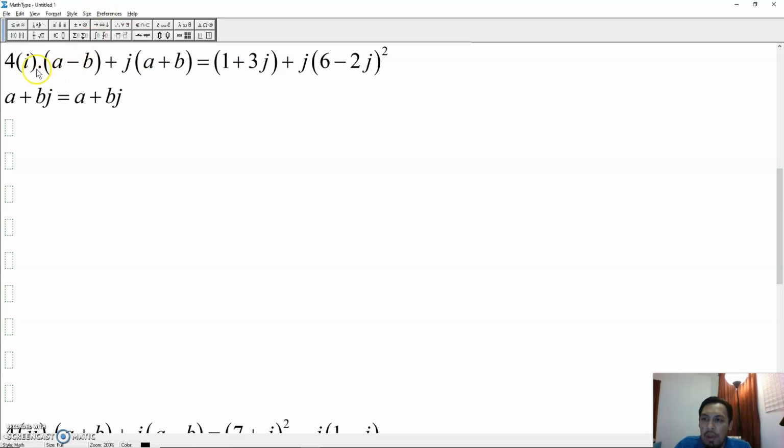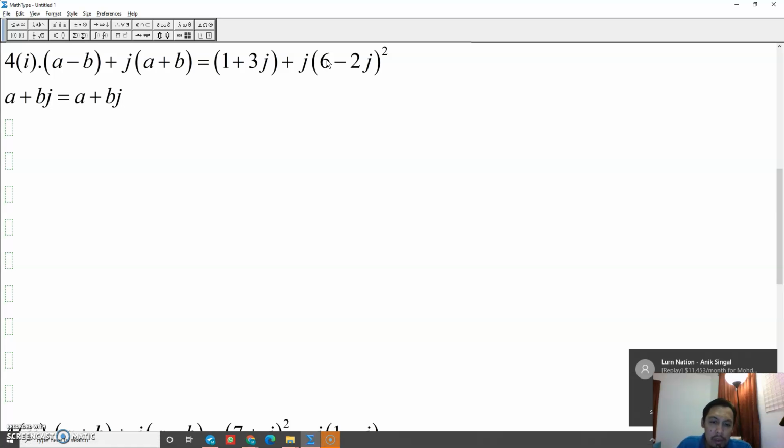So for this one, we have the left hand side, a minus b plus j bracket a plus b. For the left hand side, it is obvious that a minus b is the real part a, and a plus b is the b, or the imaginary part. As for the right hand side, this is where we need to do a little bit of calculation, because the real part and imaginary part are not obvious.